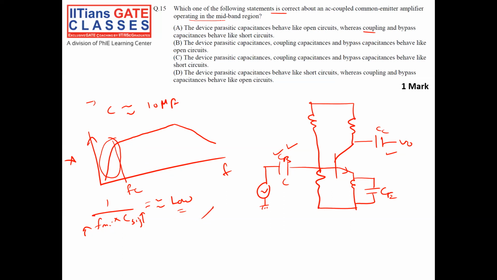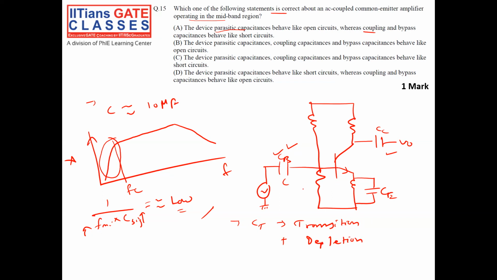Then there is something called parasitic capacitance, right? You know, between base and emitter, there is a junction capacitor, right? You can say CT, called transition capacitance, plus depletion capacitance, right? So there are two types of capacitance we know in a PN junction diode.